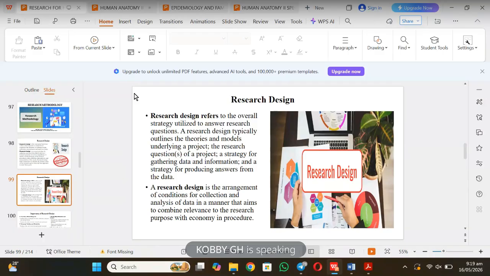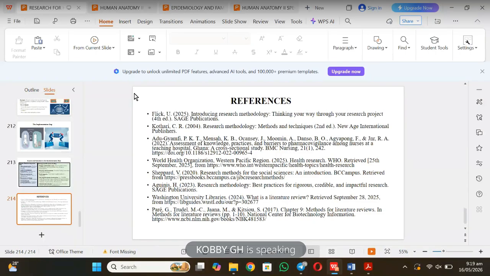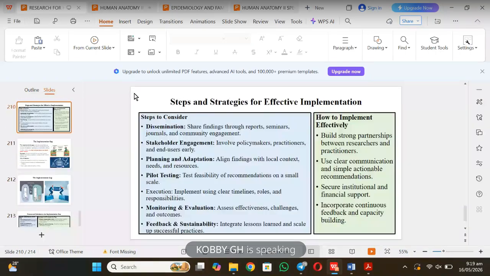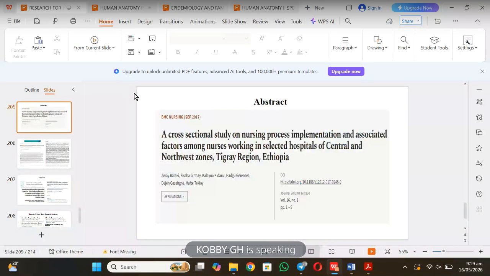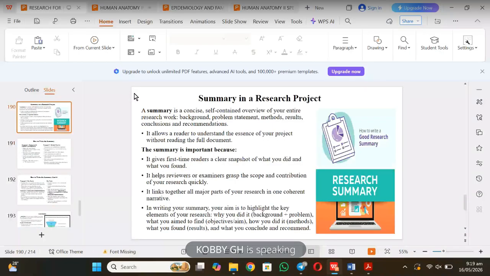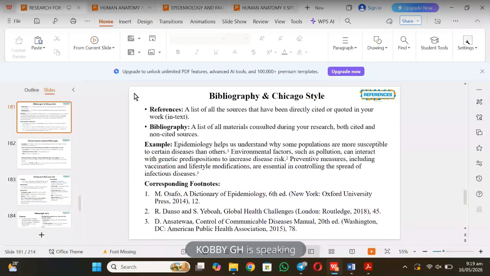So we have retrospective study design, descriptive cross-sectional design, and then prospective study designs. Okay, there are more, but for now, this is what you need. For most of you, you'll be using any of these three designs: descriptive cross-sectional design, retrospective study design, and prospective designs.